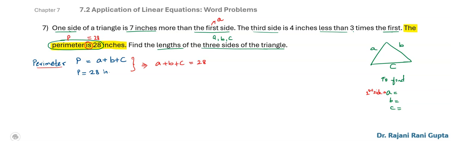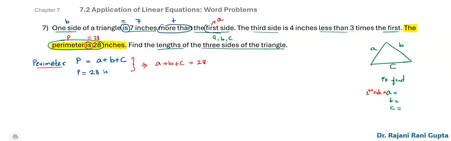Then choose B or C as any other side, let's say B. One side of a triangle is, means equal, 7 inches plus the first side.